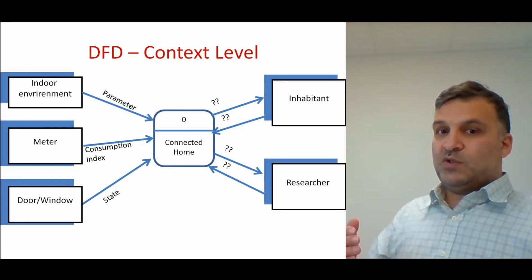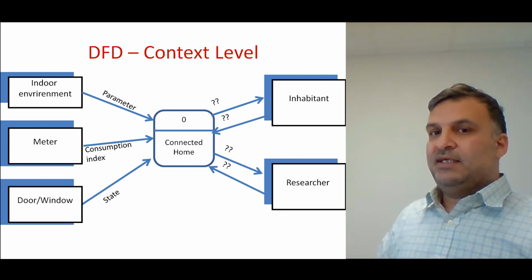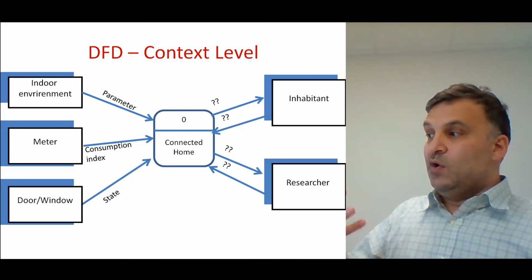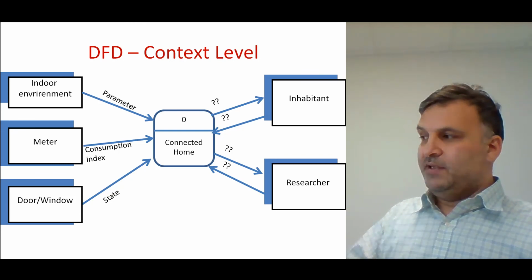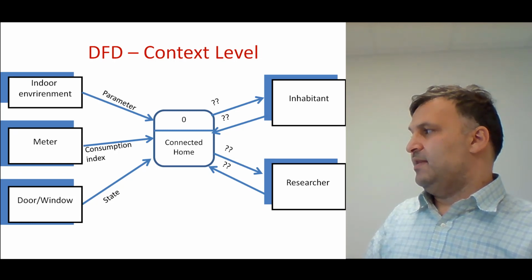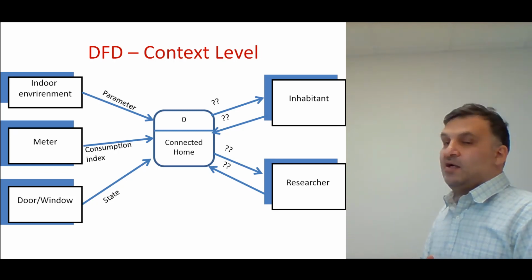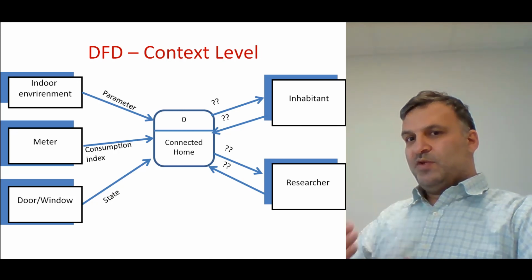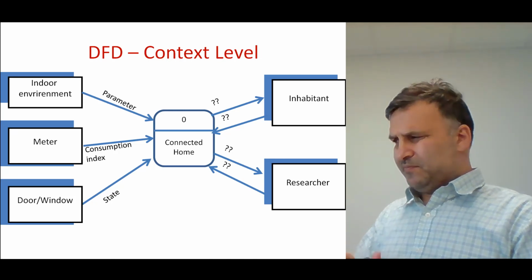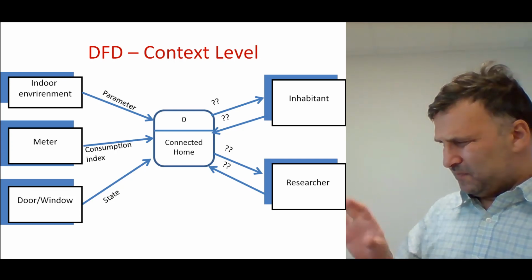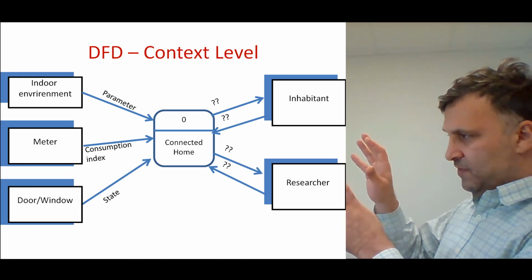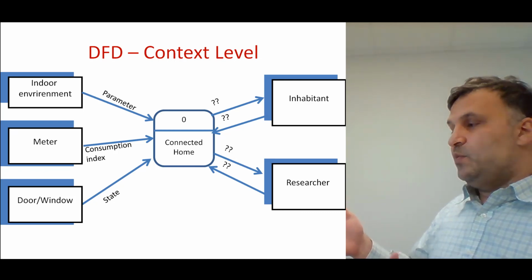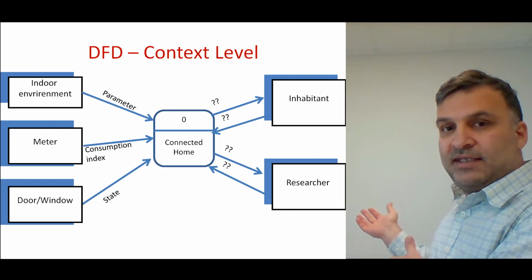It communicates with the doors and with the objects in the house, in the apartment, and it can know their state, if it is open or closed. Also, it can communicate with an inhabitant and with a researcher, because the type of communication is not the same. But to facilitate the example, we will not go into the details of these external entities. Also, we can say that it communicates with the central database.